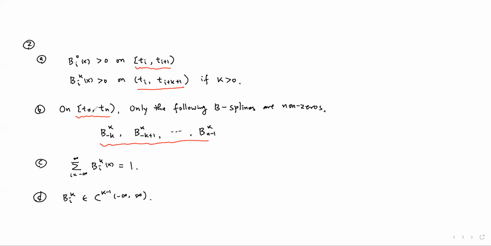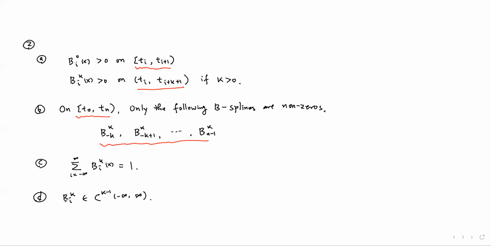The third property is that the sum of all the spline functions of degree k is equal to 1. This sum looks like an infinite sum, but actually it is a finite sum because for a fixed x, only a finite number of the terms are non-zero.